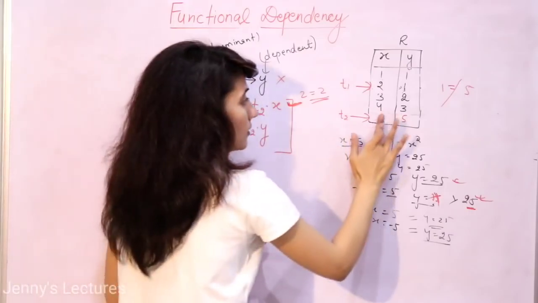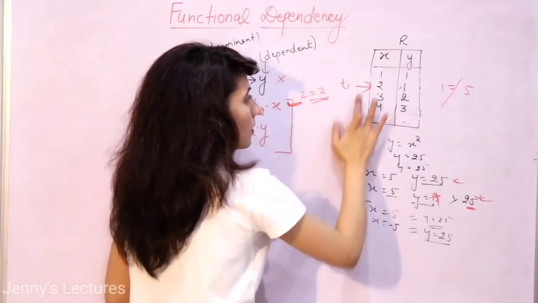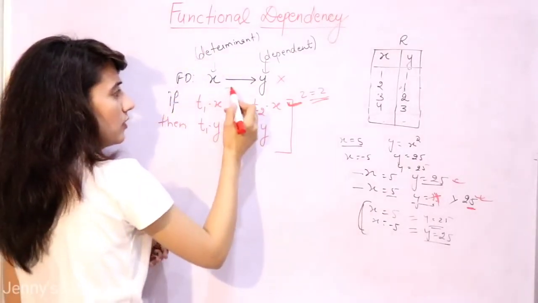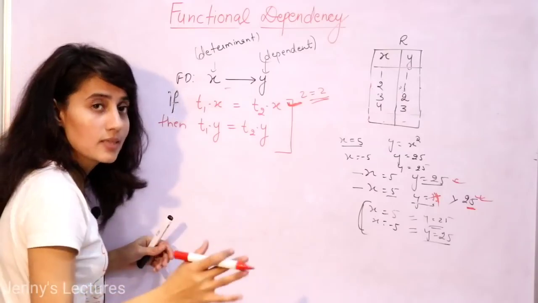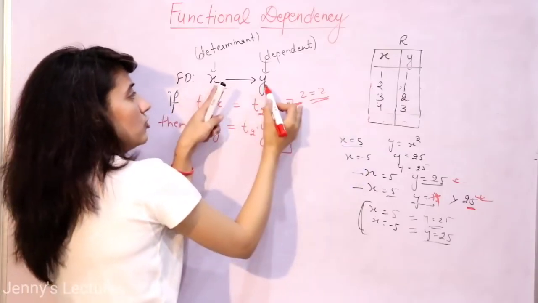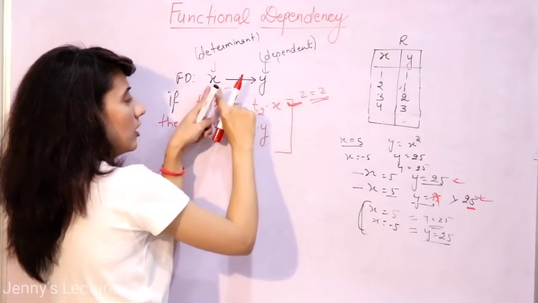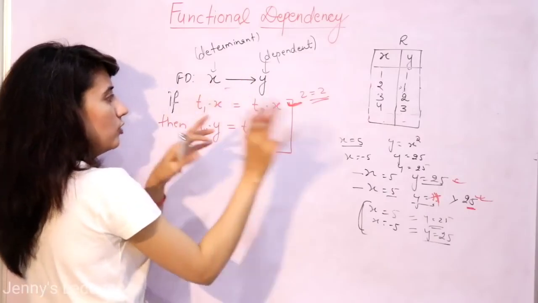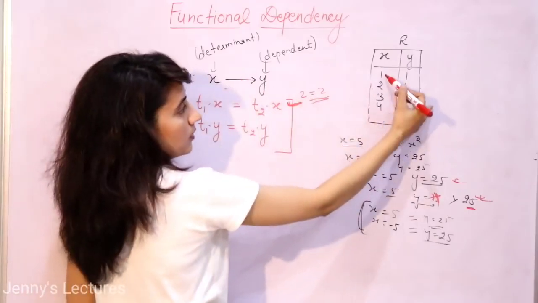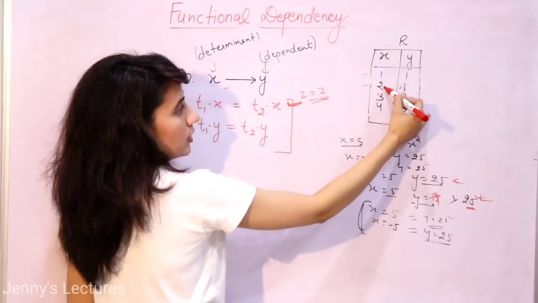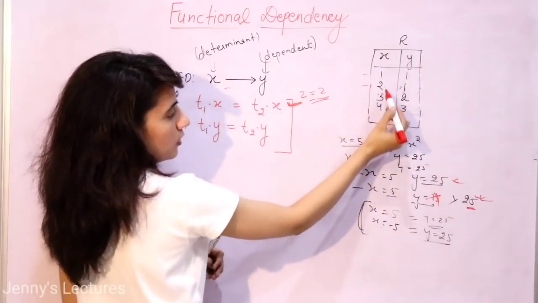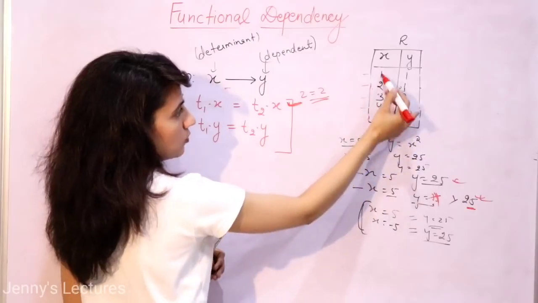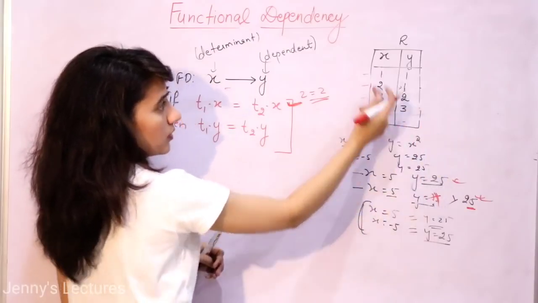Suppose I am writing this one. Can I say this functional dependency exists in this relation? Yes, because x determines y means: check any two tuples and check the value of x. For this and this, the value of x is not the same, so we are not bothering about the value of y. For every pair, the values are not the same, right?